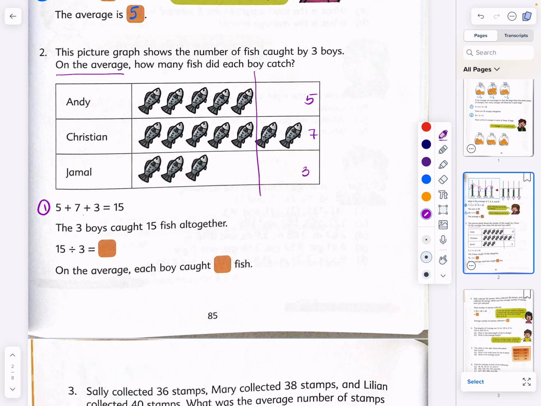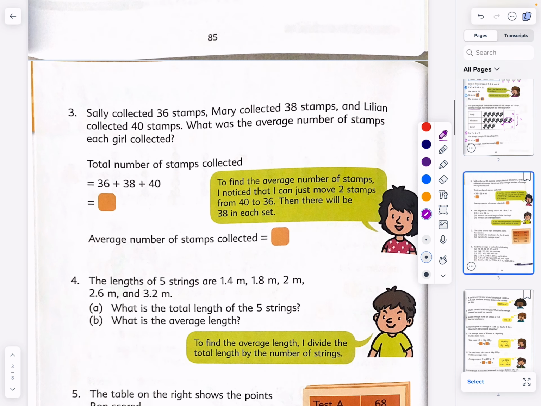Well, step 1, sum up all the fish. We have 15 altogether. Step 2, split it equally among 3 kids, and we have 5 fish. One way of doing it is that we would take the extra fish and give it to Jamal, and this way we would distribute them evenly. That's a visual idea of average. On average, each boy caught 5 fish.